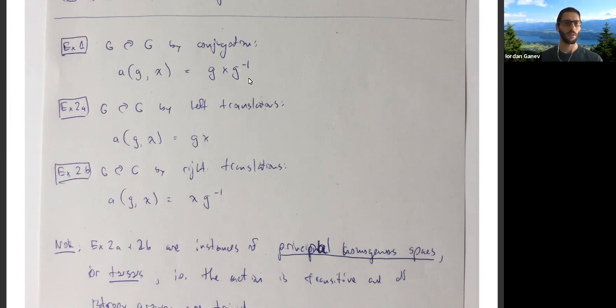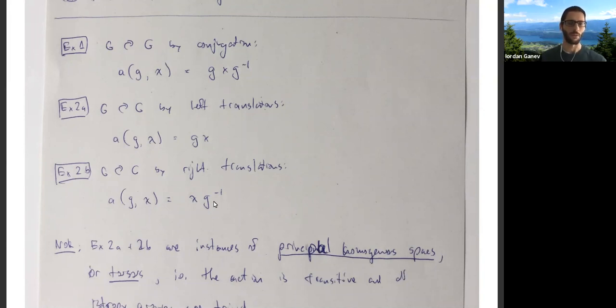We also have the action by left translations. This is just multiplication, but we think of it as an action. And we also have the action by right translations. This is multiplication on the right, but in order to make the group axioms work out, we need to multiply by the inverse.